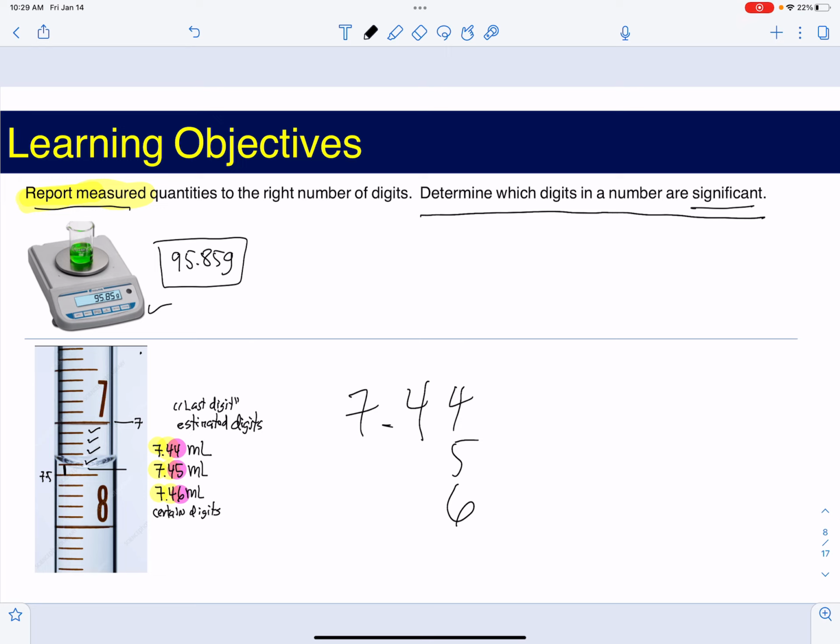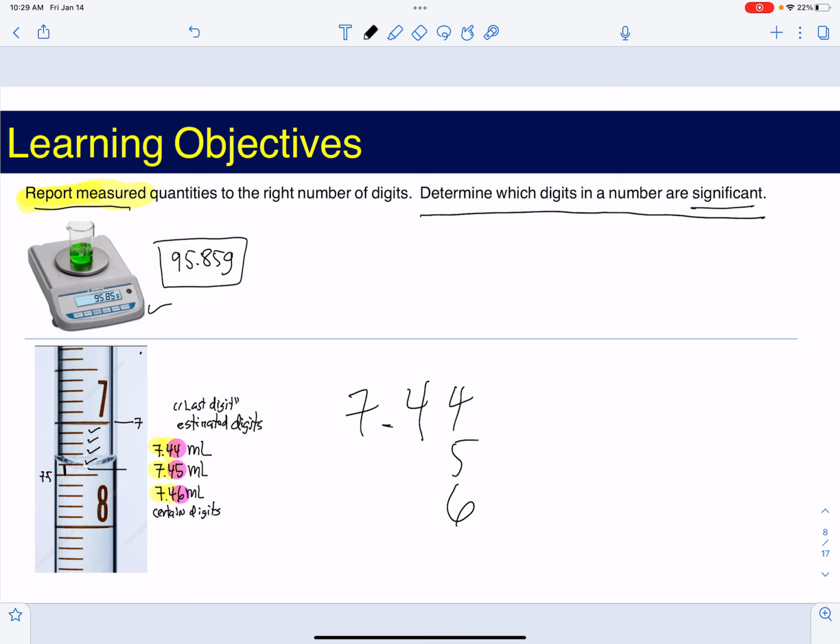Going back to the scale. So I told you everything that the display gives you is a significant number, and that's true. But I also told you that for any measured number, the last digit is the estimated number.